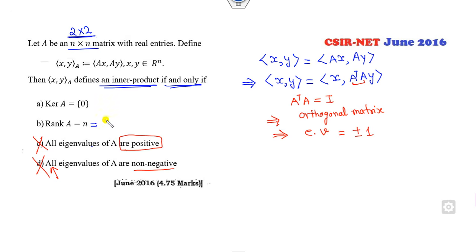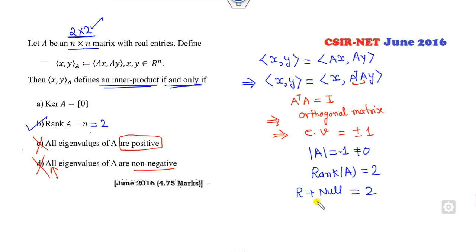Now, how can you say the rank? My target is n as 2. If eigenvalues are plus minus 1, what is the determinant of A? It is minus 1, which is non-zero. If it is non-zero, what is the meaning of that? The rank of the matrix is 2, as I have taken a 2 cross 2 matrix. By the rank nullity theorem, rank plus nullity is the dimension.